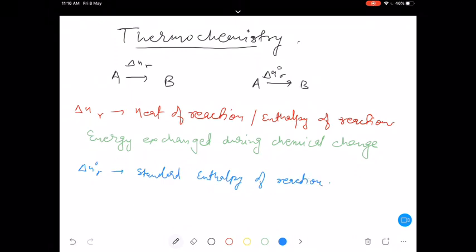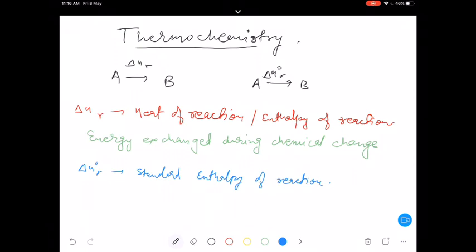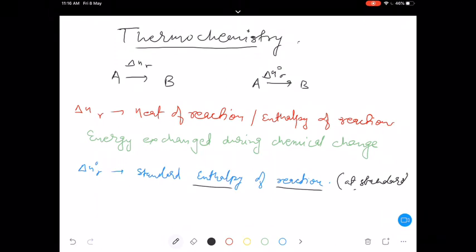Standard enthalpy of reaction, or we can call it enthalpy of reaction at standard state.